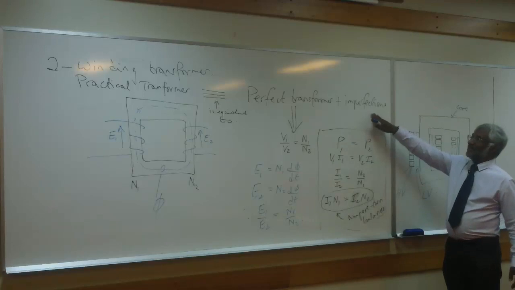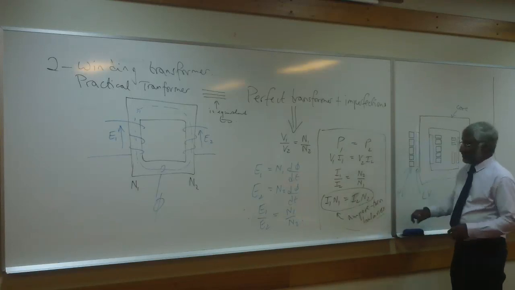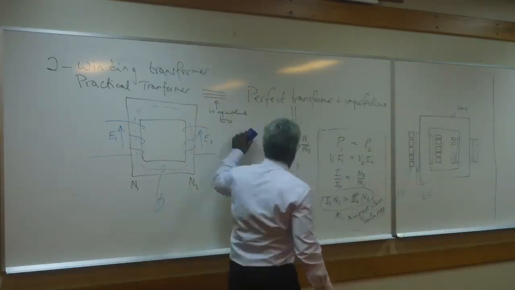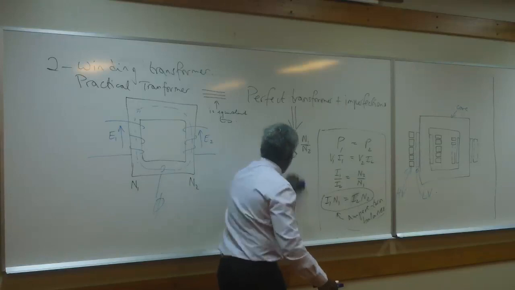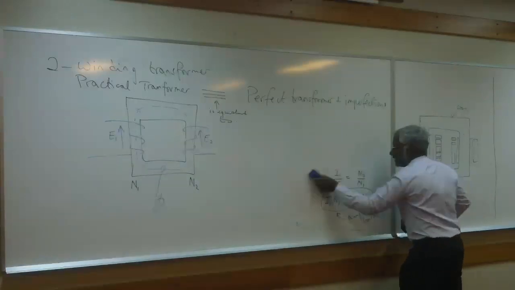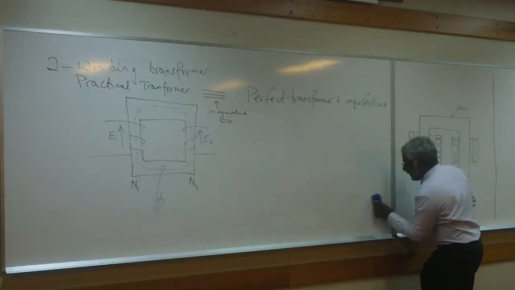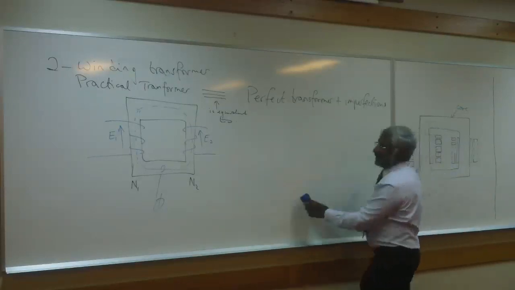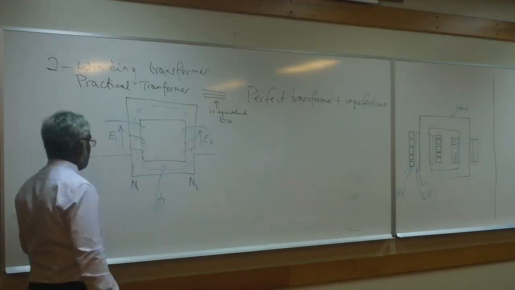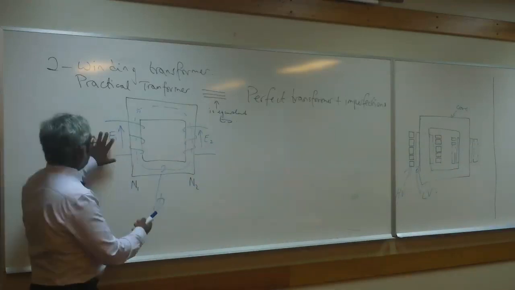So let us see then what we can say about the imperfections. We'll look at them one by one. So I will rub this off now, and say that this is perfect.